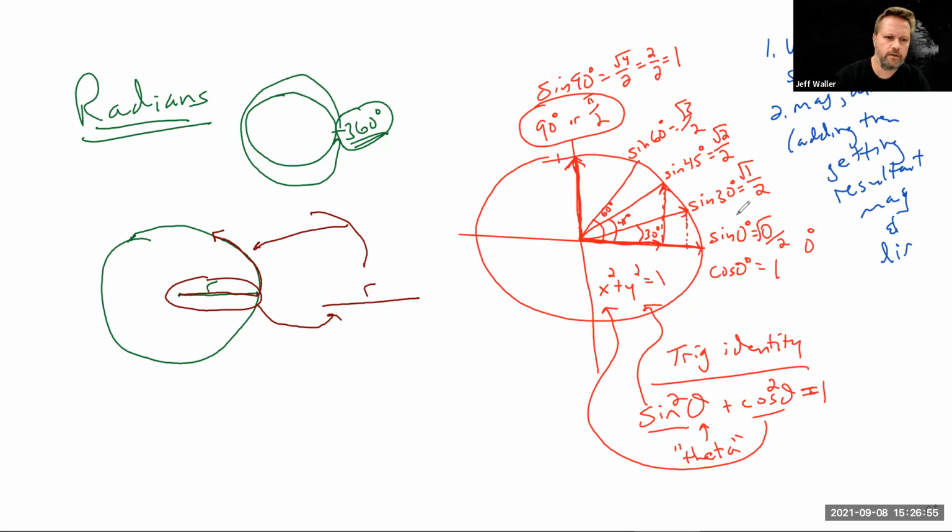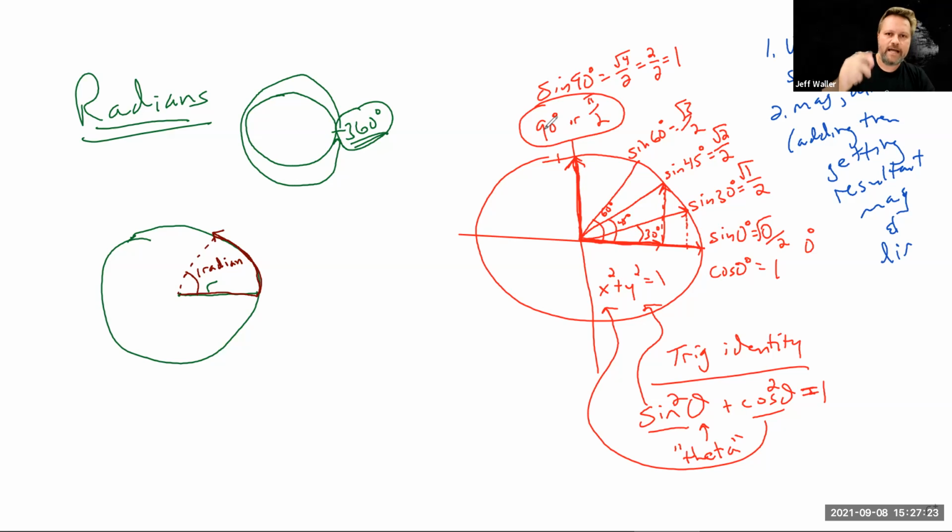Now, a radian is simply the distance that I would go if I traveled the distance of a radius along the circle. So this right here, this is 1 radian. Now listen, the real beauty of this is twofold.